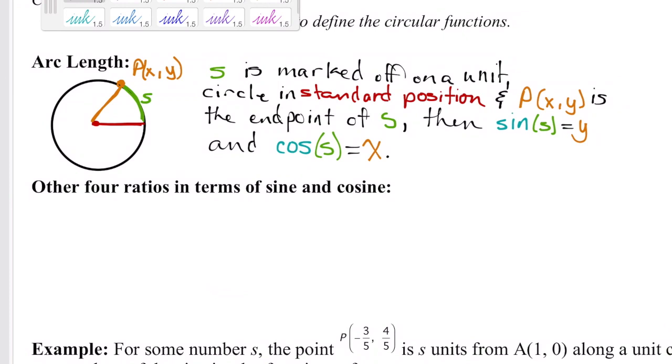So then our four ratios in terms of sine and cosine: cosine is x, sine is y. Tangent is opposite over adjacent, so we're using y over x, so sine of s over cosine of s.